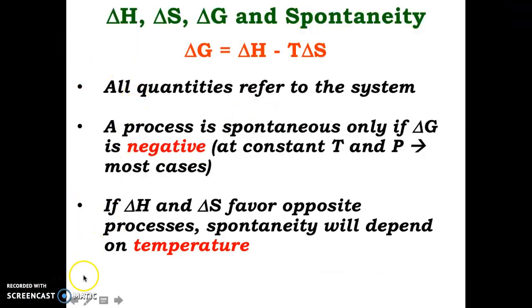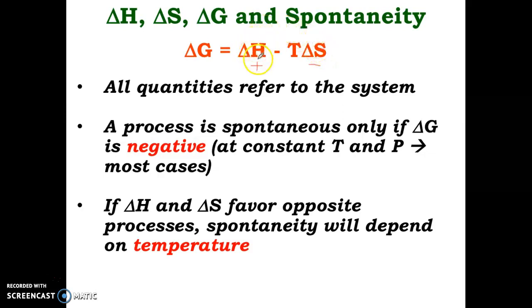All right. So what if delta H is positive and delta S is negative? This isn't always going to occur. It's always going to occur if delta H is negative and delta S is positive.